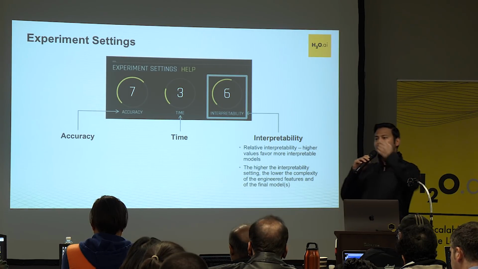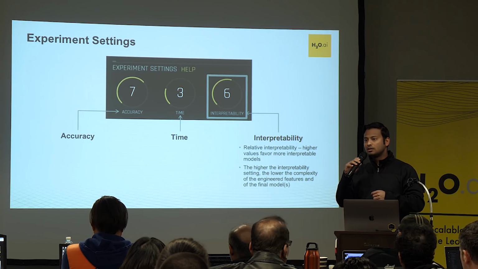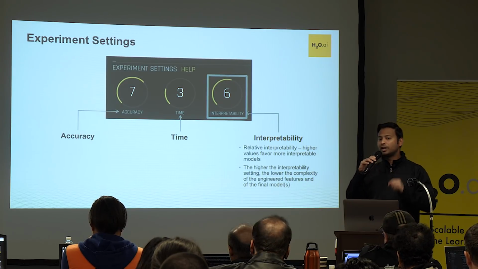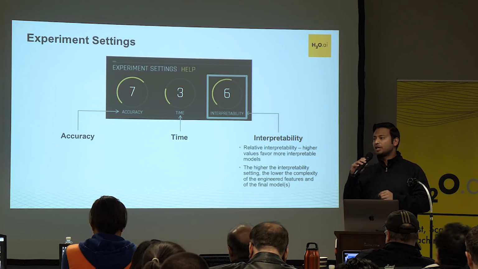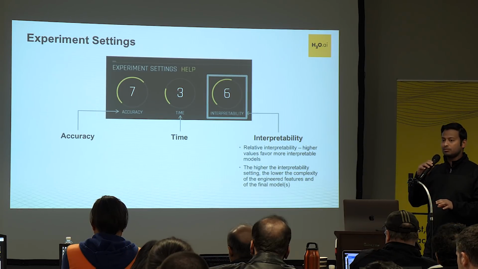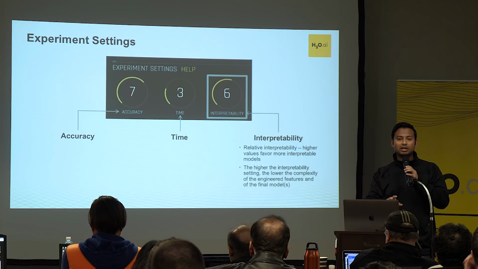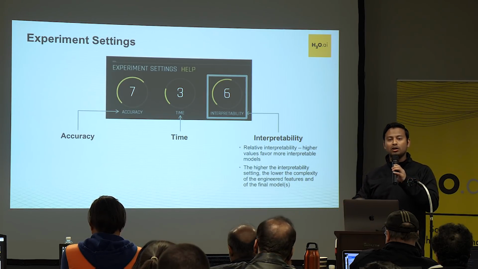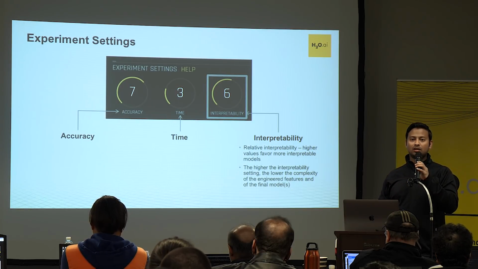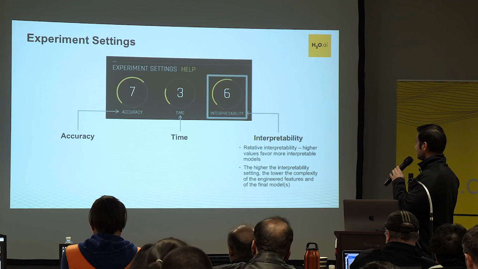If you put the dial all the way to 10, it will try to build deep learning models as well. Or if you put it to a minimal value, then it will try to build simpler models. The objective here is that we give the user the choice to decide what works best for them. But we also provide the interface so that no matter what we do, whether we build a simpler model or the most complex model, either way you have the option of explaining and understanding the model. That's the core power of Driverless AI.